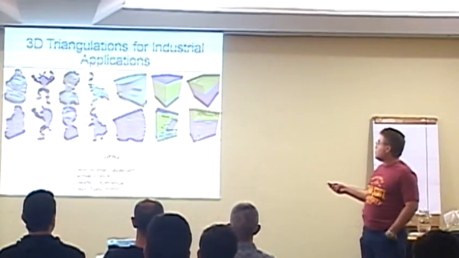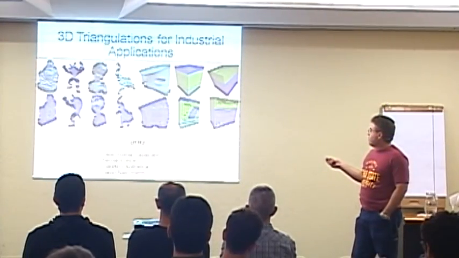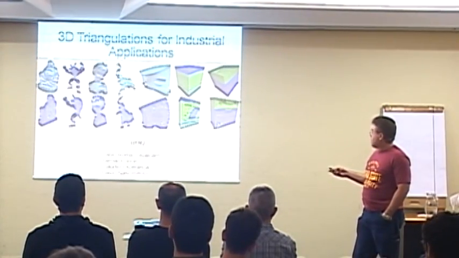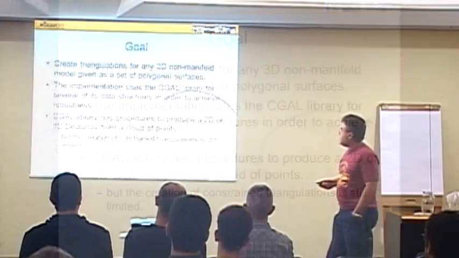The title of this work is 3D triangulations for industrial applications. It is a work developed at UFRJ, and the goal is to be able to create triangulations for 3D non-manifold models given as a set of polygonal surfaces.